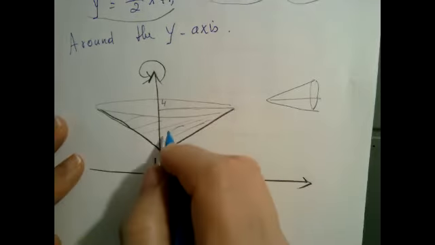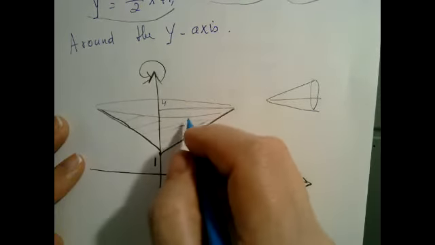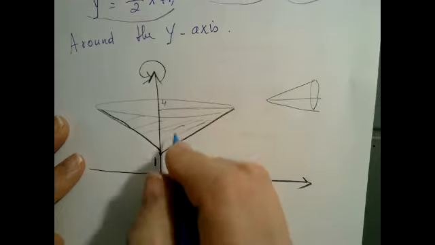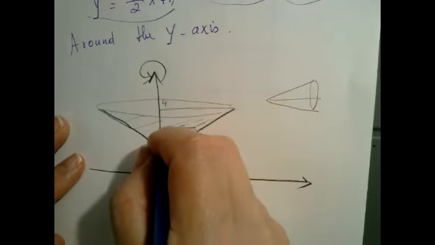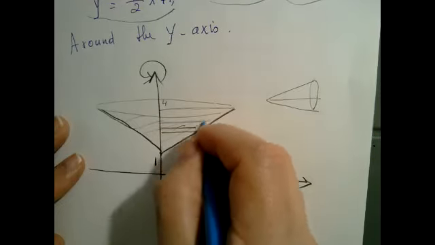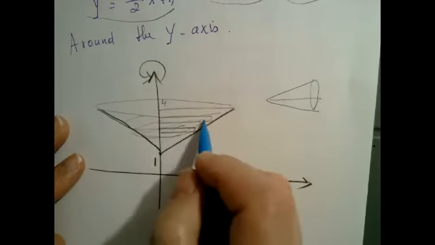However, instead of taking vertical slices, because we're rotating around the y-axis instead of the x-axis, I'm going to cover the region with horizontal slices. And I'm going to rotate each one of them. When I rotate each one of them, I'm going to get a disk.